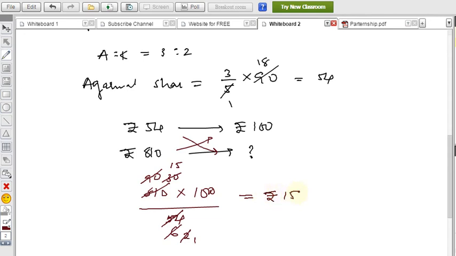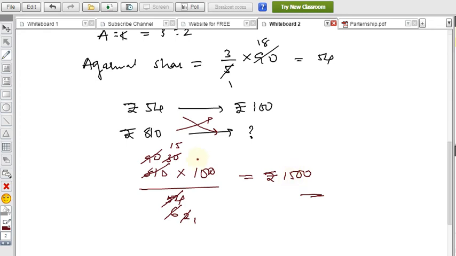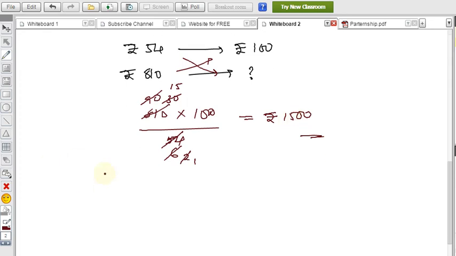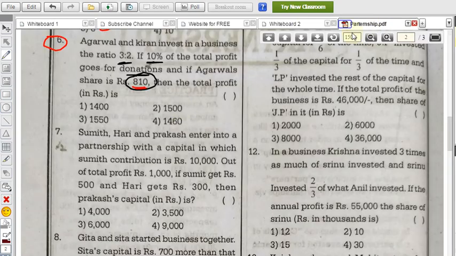So rupees 1500 is the total profit if Agarwal receives 810. You can take it in this way. 1500 is there, right? Yeah.